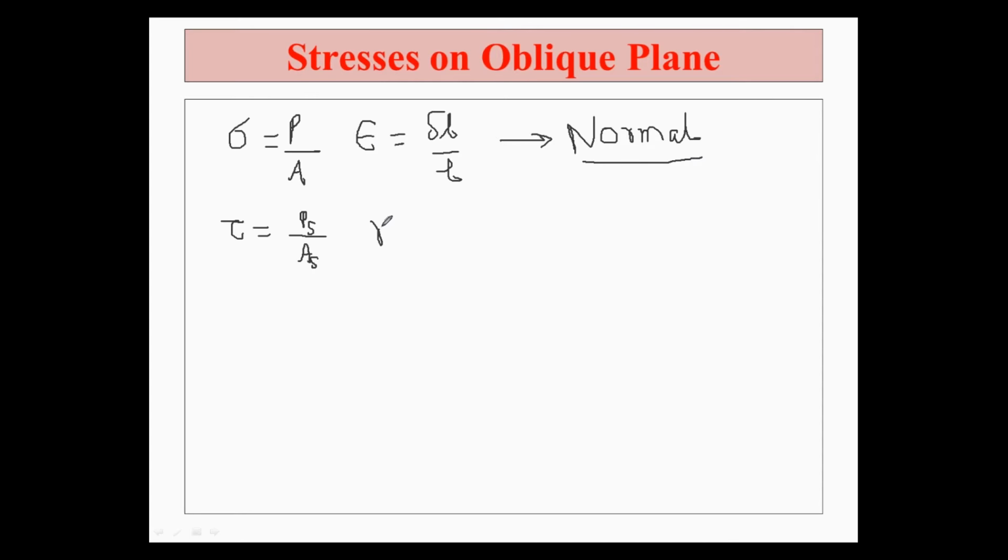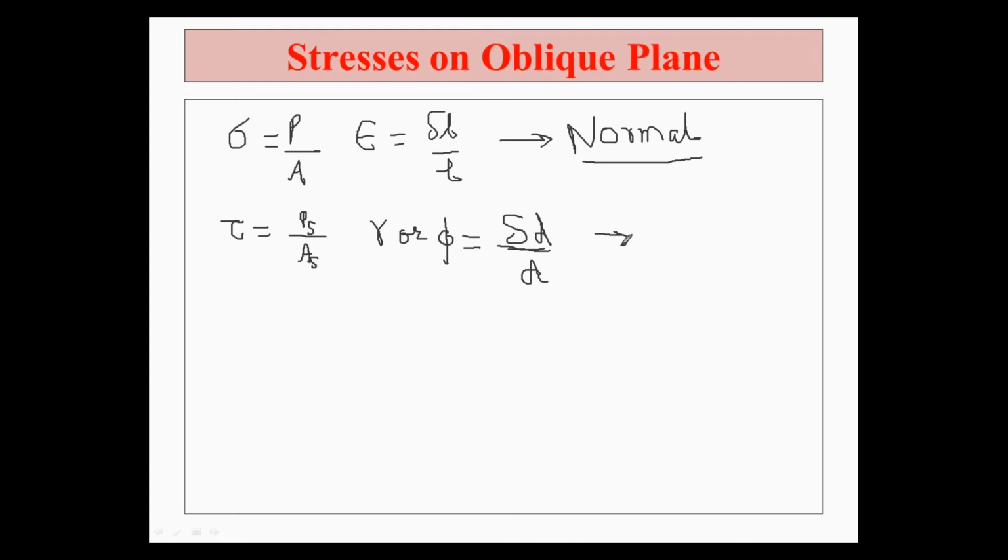Here we represent gamma or phi. Here it is change in length to the original length. Here there is no change in length but a deformation, deformation upon original dimension.